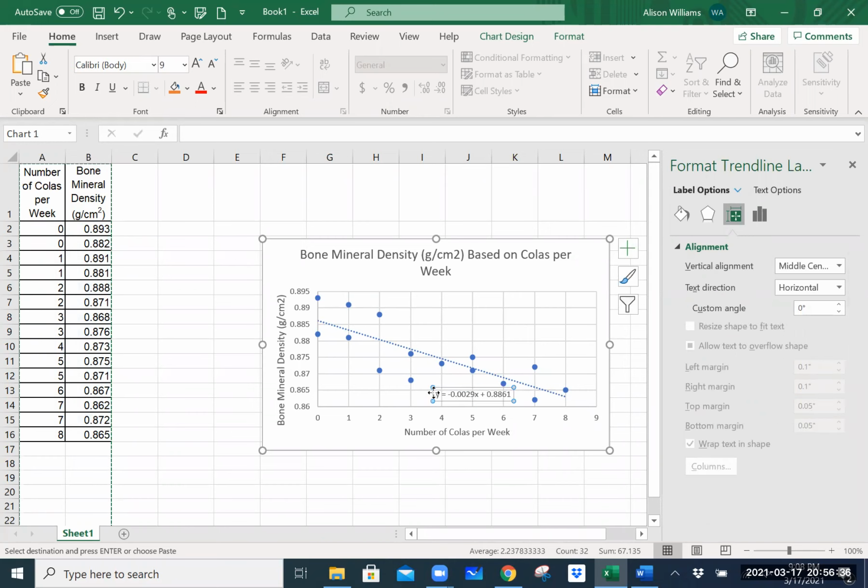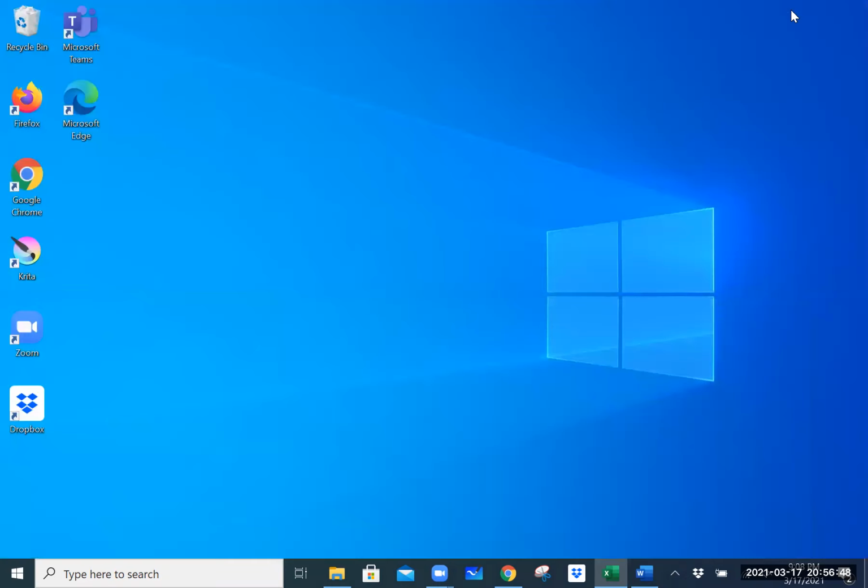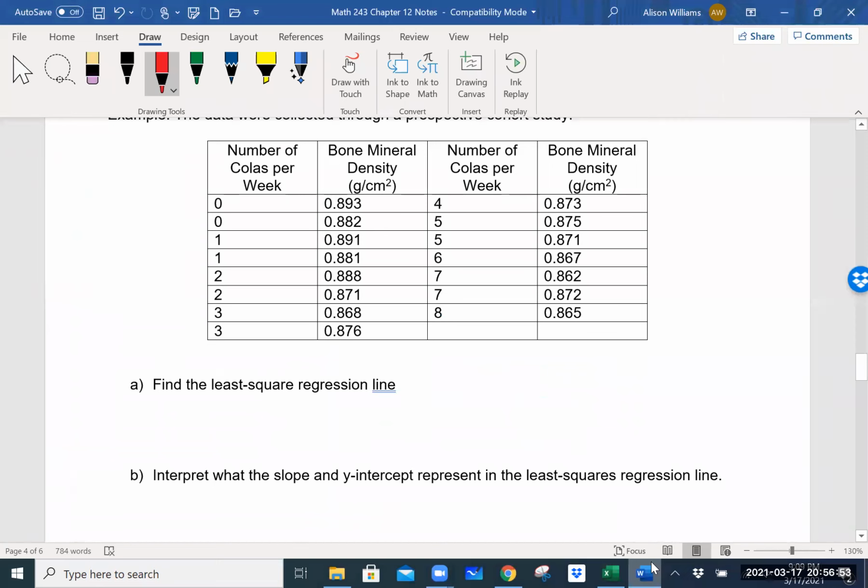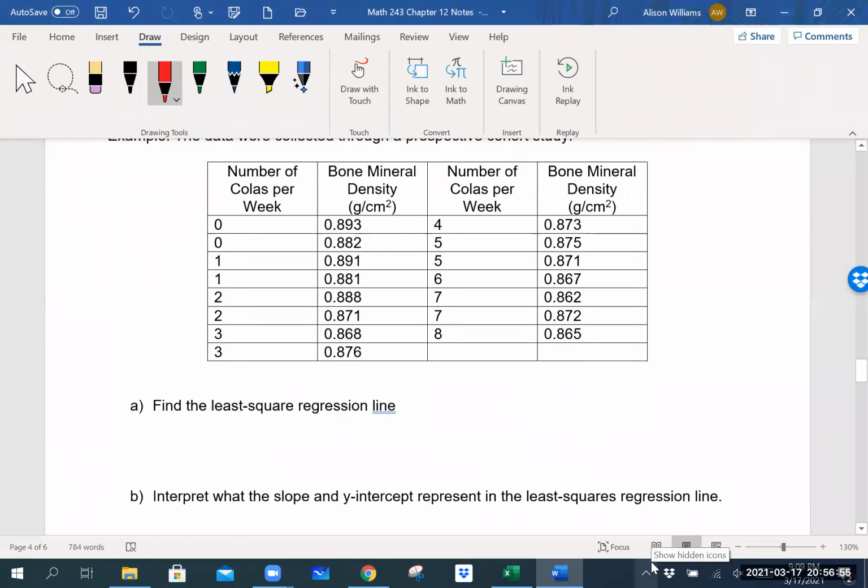That is the a and the b. Now, so negative 0.0029 plus 0.8861. All right, let me write that down. y hat equals negative 0.0029x plus 0.8861.